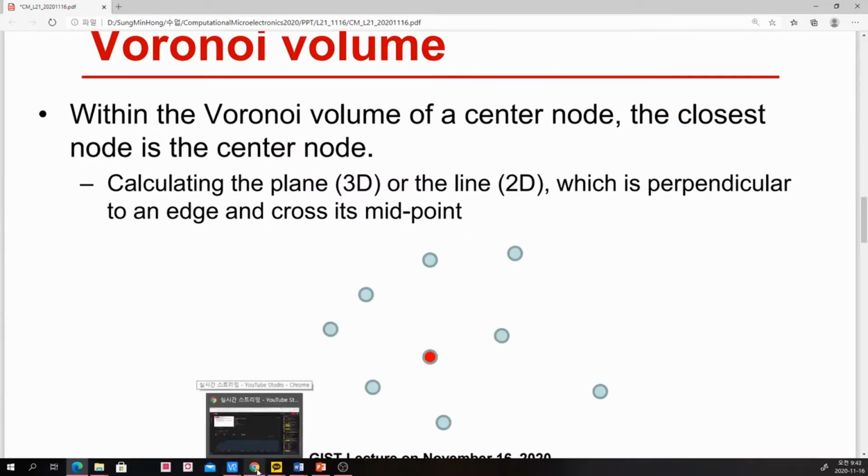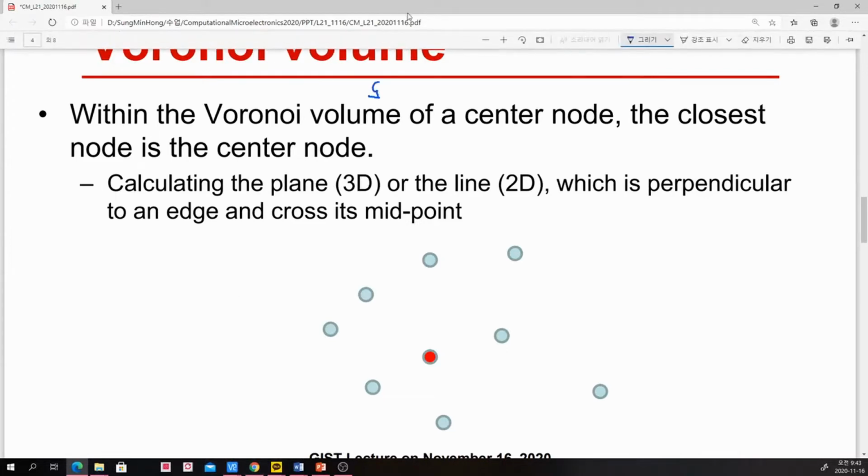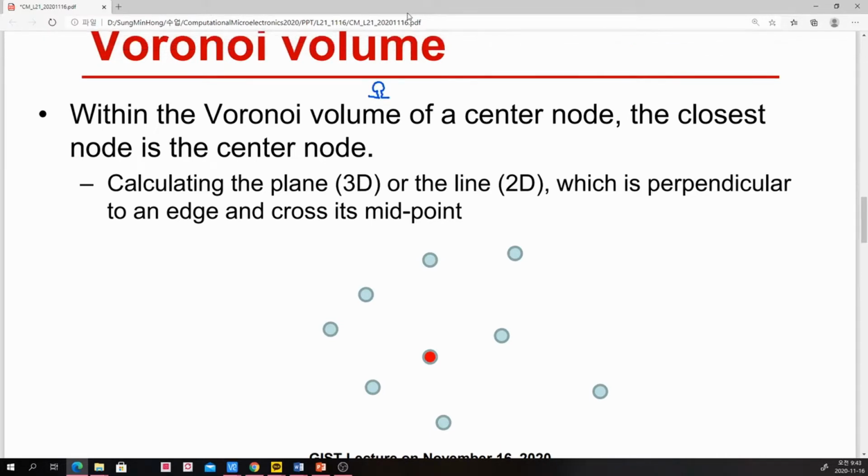Now you understand, in order to calculate the Voronoi volume, here omega for our purpose, we have to calculate in this way. Calculating every time the perpendicular line and finding the polygon, that will be the method of our interest.